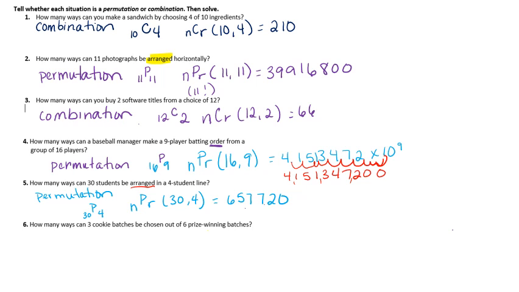How many ways can 3 cookie batches be chosen out of 6 prize-winning batches? So I have 6 different batches to choose from. How many ways can I choose 3? Now they're not saying the order of those 3 matters, so it's a combination. So it's 6 different things, I can choose 3 at a time.